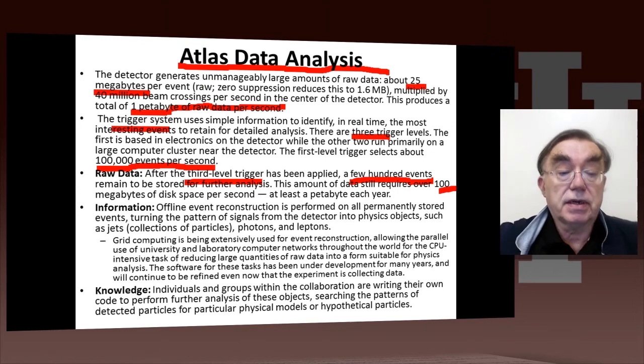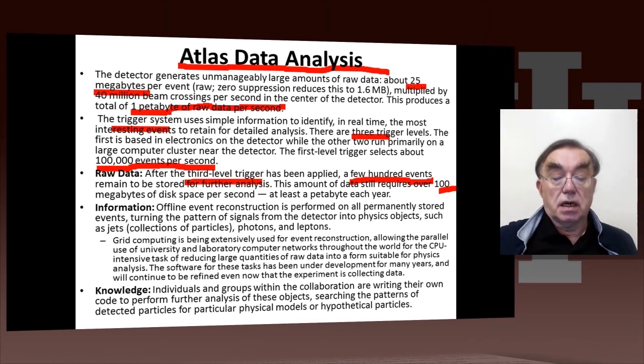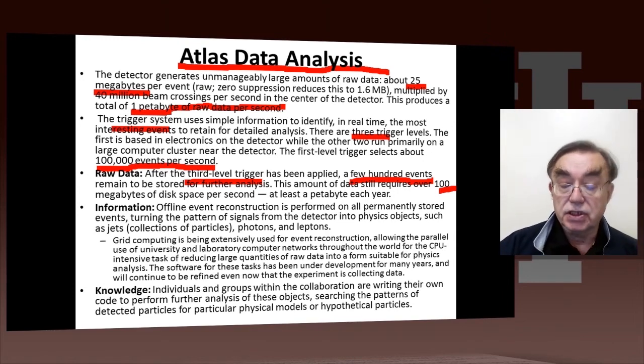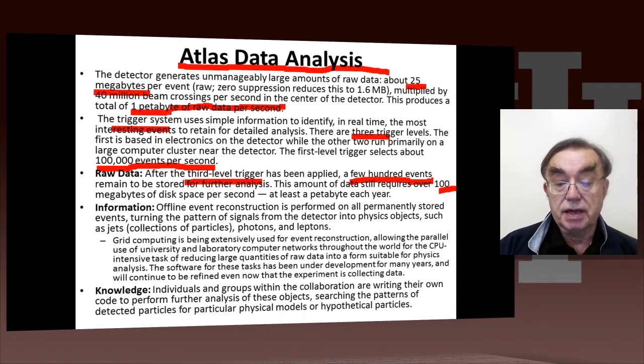That petabyte per year is just the raw data. We would have additional data because we keep the transformation of this raw data. And we also would run so-called Monte Carlo data, which is the test data to try to understand the apparatus. So here's what I said already.